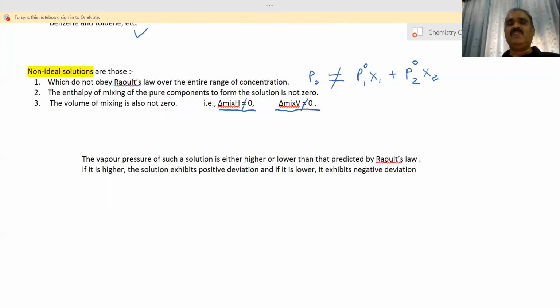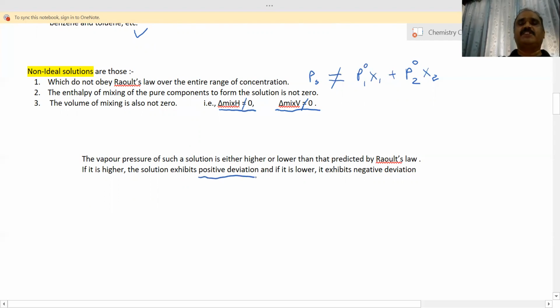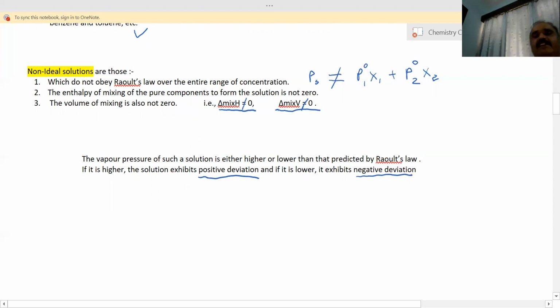The vapor pressure of such a solution is either higher or lower than that predicted by Raoult's law. If it is higher, the solution shows positive deviation. And if it is lower, the solution shows negative deviation.